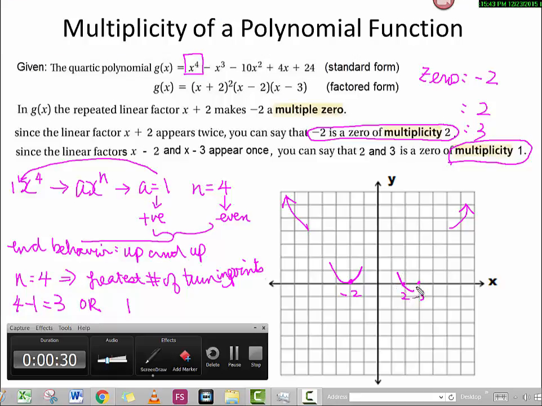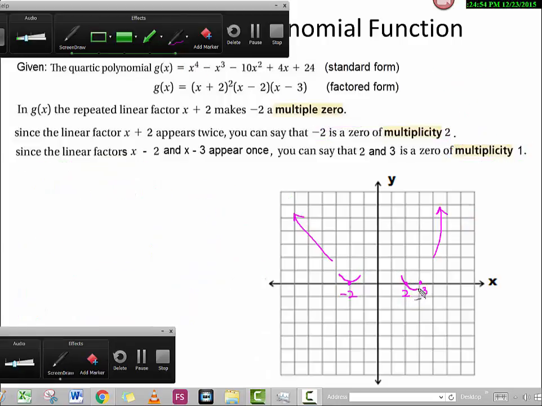Since it's going up, we're going to have this. Since at 2 and 3 we go through, we're going to end up something like this. And we know there are 3 turning points. So if you join everything together, you're going to end up getting a graph like this. Of course, later on we know the y-intercept is going to be 24 from the function itself.